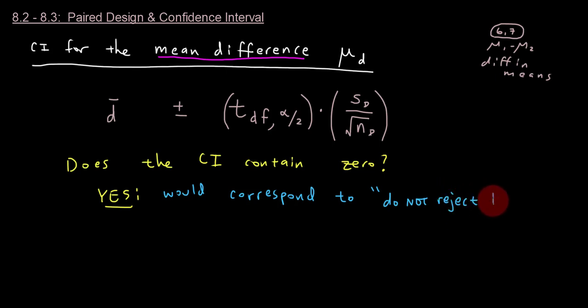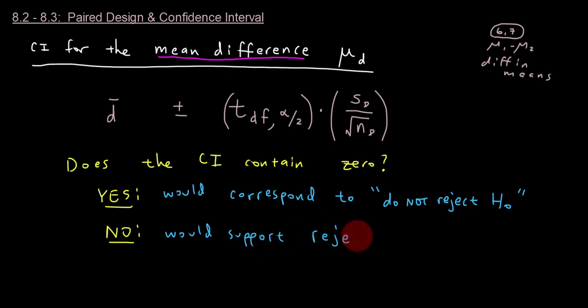Right? 0, no difference. A non-rejection, not evidence for a difference. If the confidence interval does not contain 0, then that would support a conclusion of a rejection of the null hypothesis.